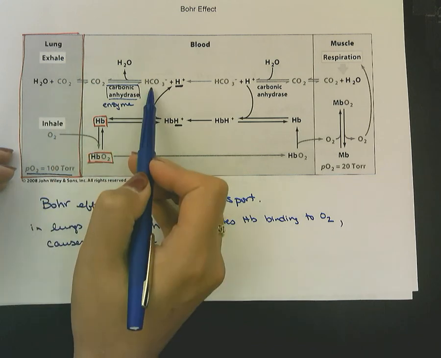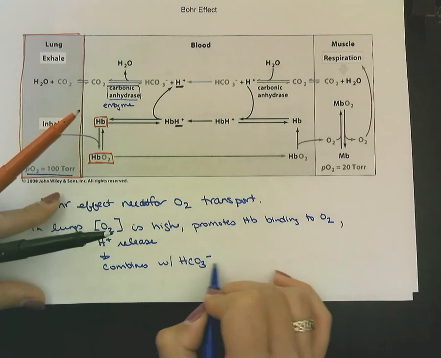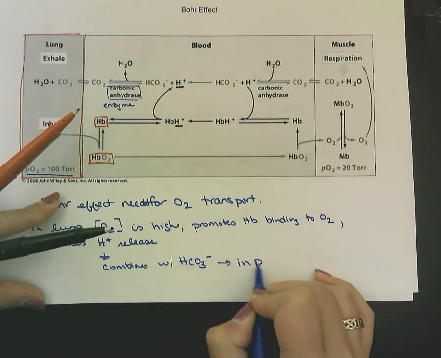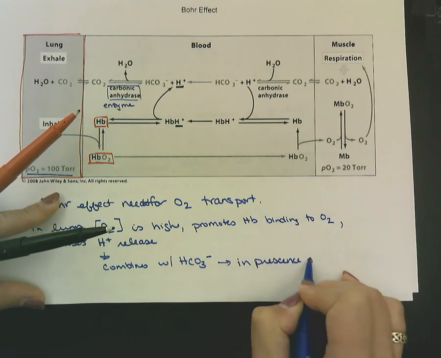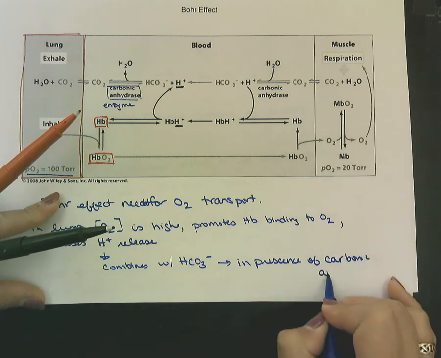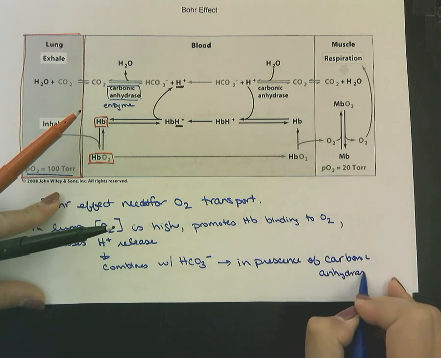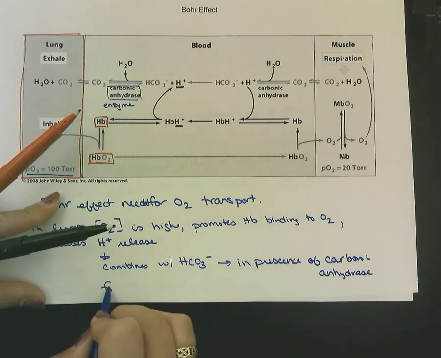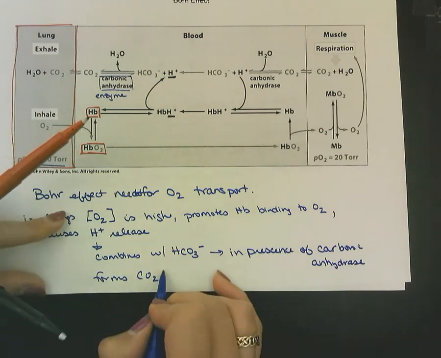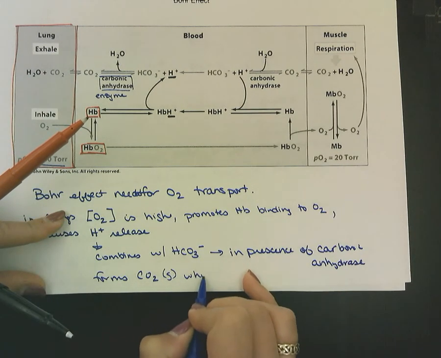So you're thinking, where does this carbonic acid come from? Let me finish this sentence first. So in the presence of carbonic anhydrase it forms CO2 gas, which is breathed out.